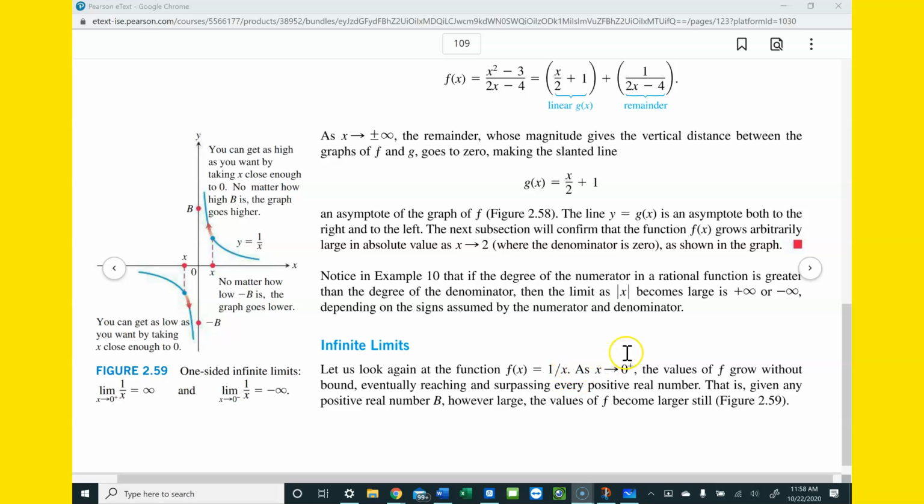Keep, change, flip, you end up getting a million as the result. So as x gets increasingly close to 0, but on the positive side, the result of this is getting closer and closer to positive infinity. In other words, the value of f grows without bound, eventually reaching and surpassing every positive real number. That is, given any positive real number b, however large, the values of f become larger still, so as large as you can imagine.